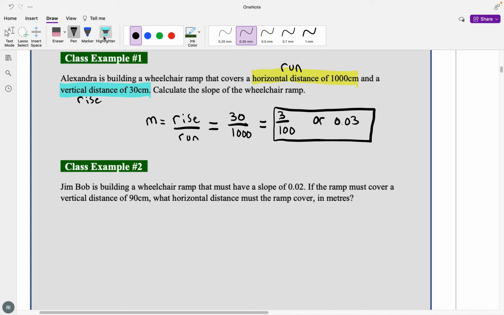Again, first, we'll highlight the key words and values. A slope of 0.02 has been given. And we've also been given a vertical distance of 90 centimeters. Here I may underline the question. We're having to calculate the horizontal distance in meters.